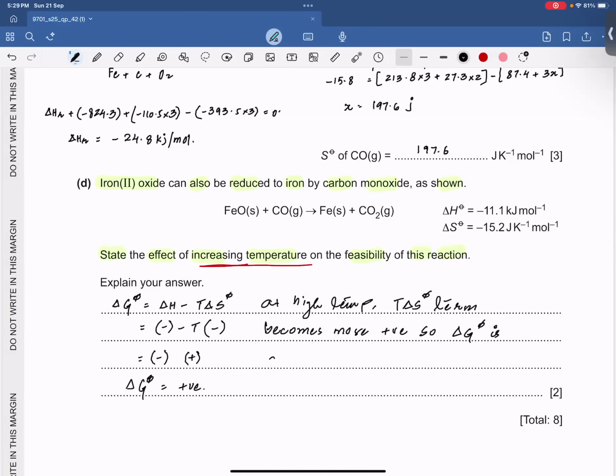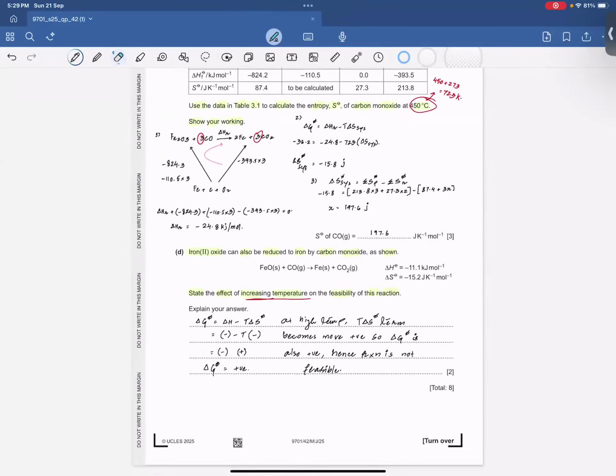So delta G naught is also positive. Hence, the reaction is not feasible or spontaneous at high temperature. I hope it makes sense to you. I'll start with the third question.